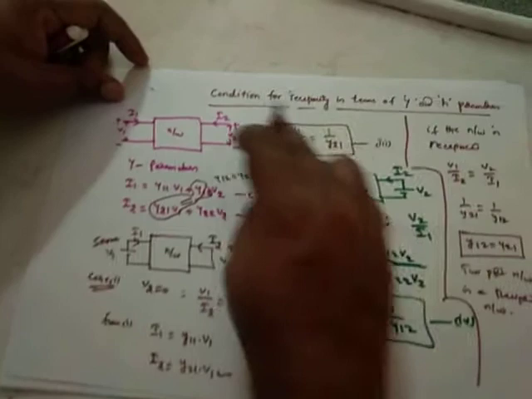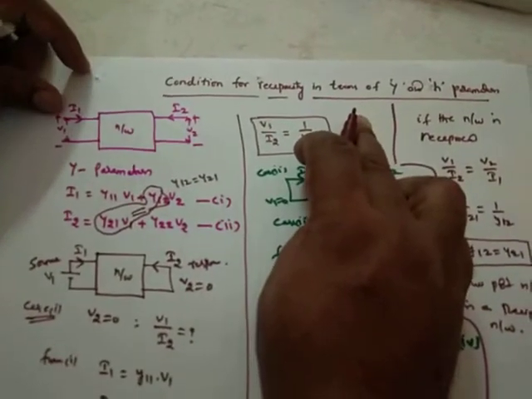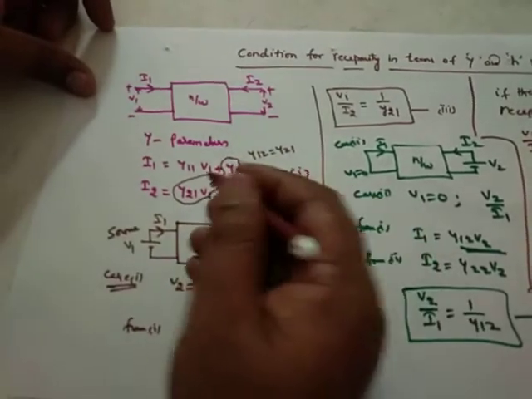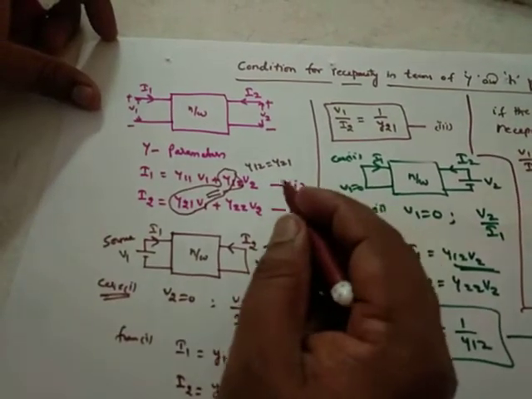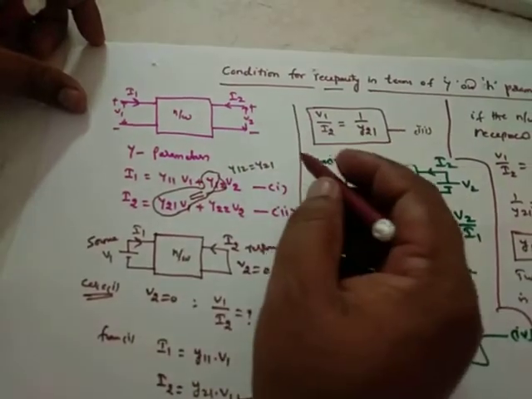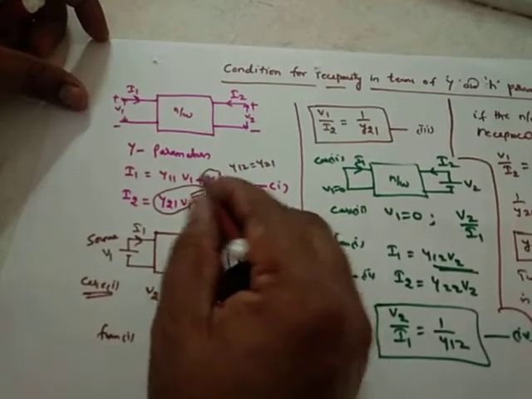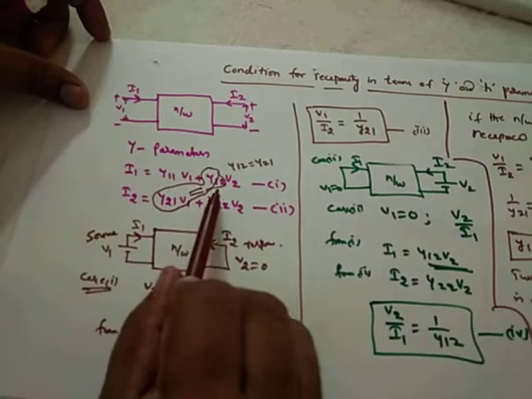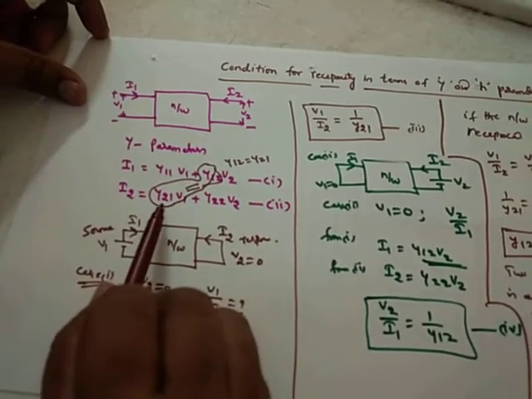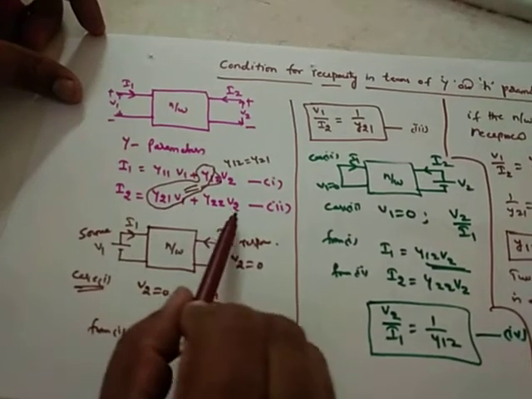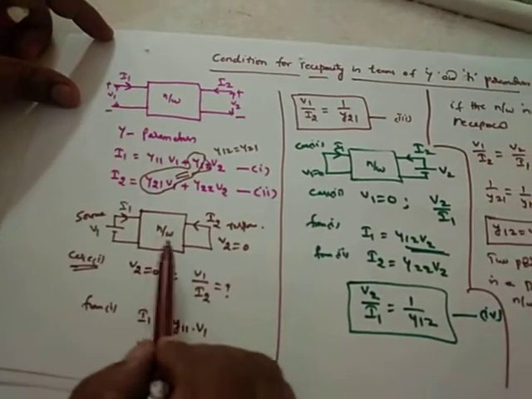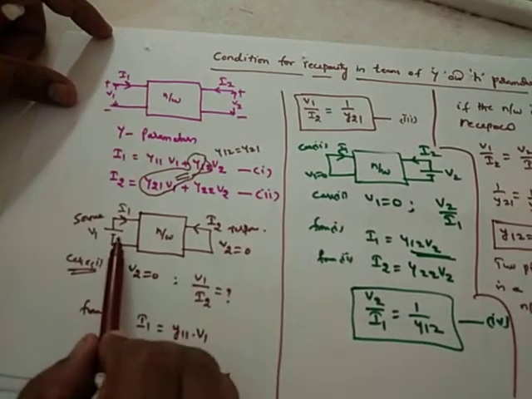Once again, the condition for reciprocity in terms of y parameters. Y parameters are admittance parameters or short circuit parameters, all the same meaning. This is the two-port network representation. Basic equations in y parameters: I1 is equal to y11 V1 plus y12 V2. I2 is equal to y21 V1 plus y22 V2. Now apply the reciprocity theorem. Apply one source and observe the response.